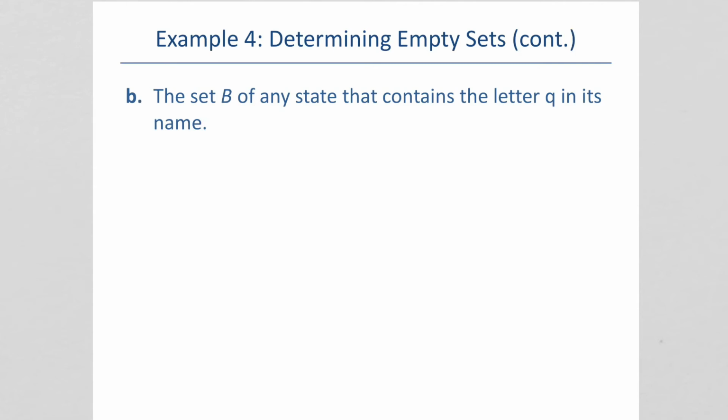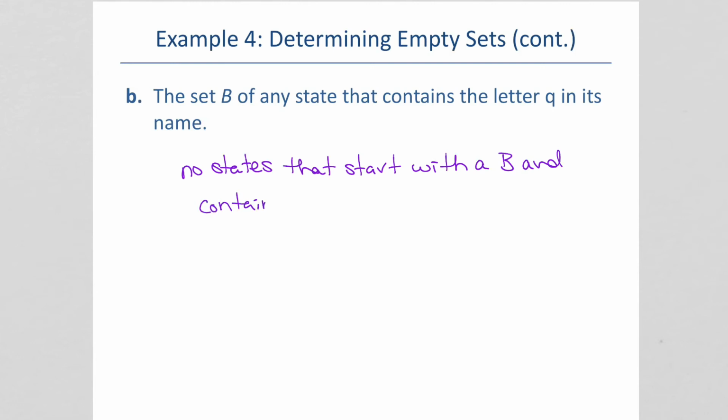Again, I'd have to look at a map. But there's actually no states that contain a Q. So we can say that B is the null set.